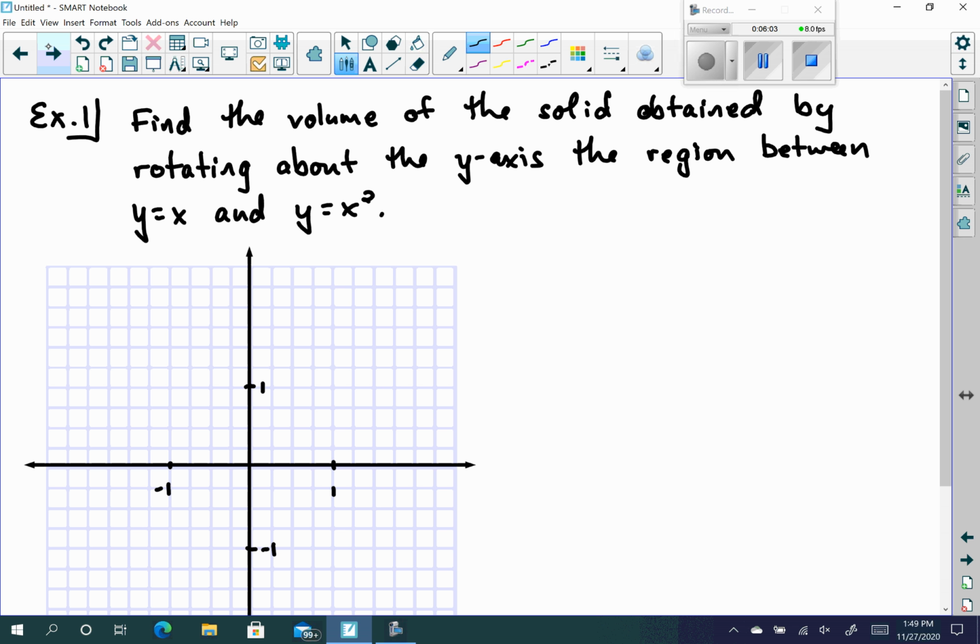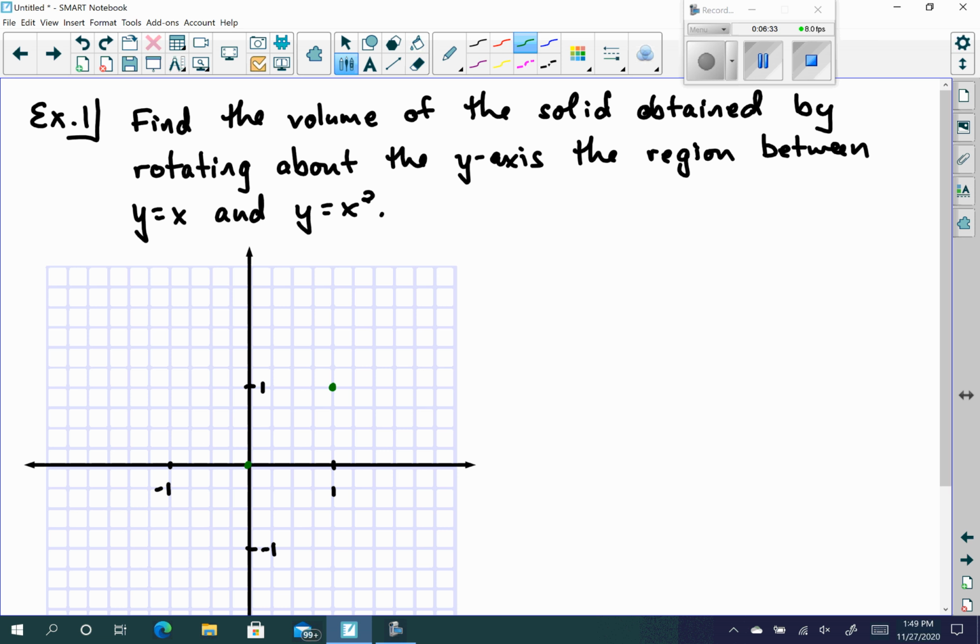Here we want to find the volume of the solid obtained by rotating about the y-axis the region between y equals x and y equals x squared. Now this was the example that I was using throughout section 5.2, part 2. So go ahead and pause the video if you need to copy this down and get your coordinate plane started. Both of these are going to intersect at y equals 0 and y equals 1.